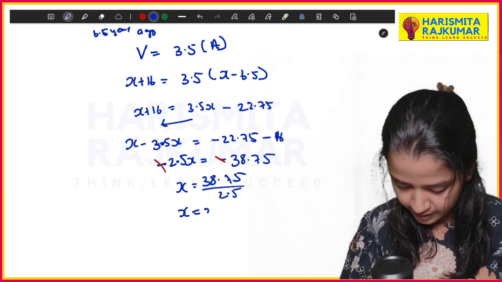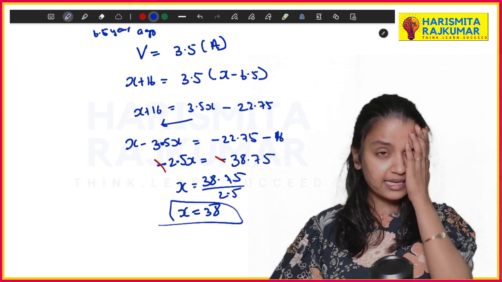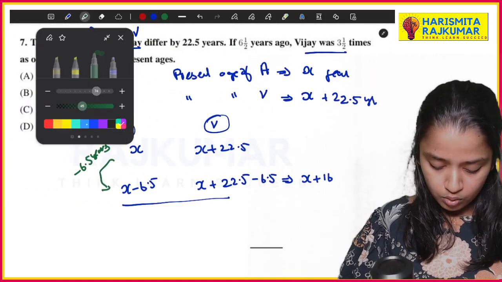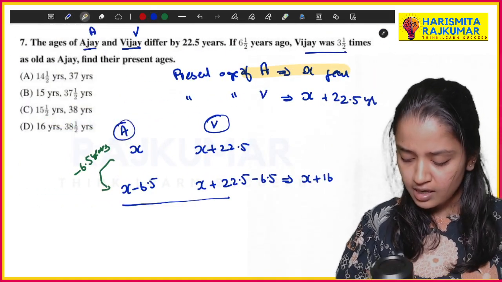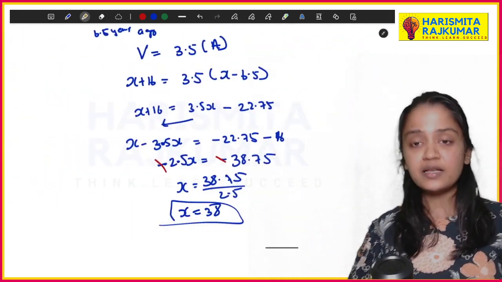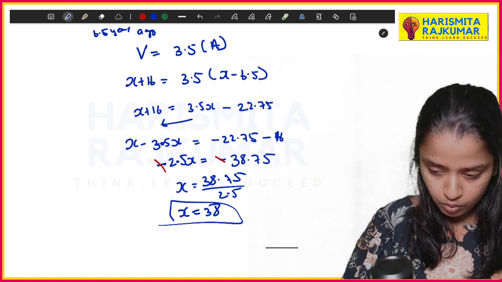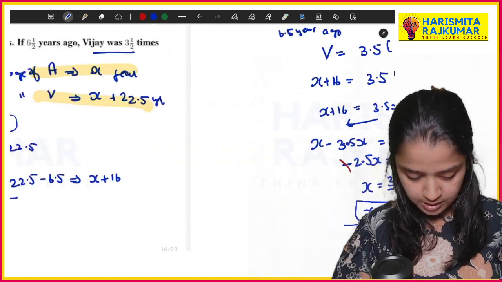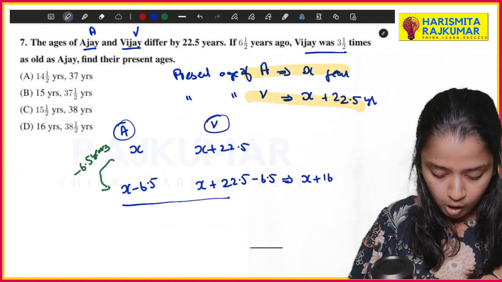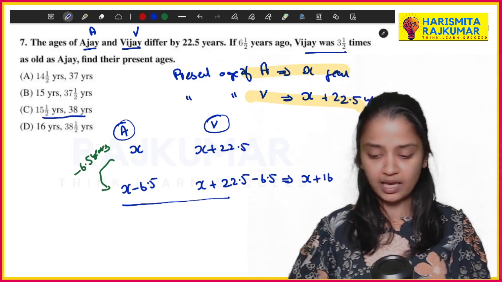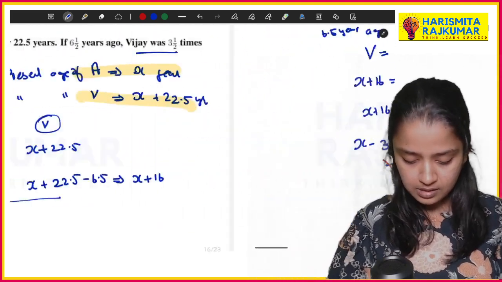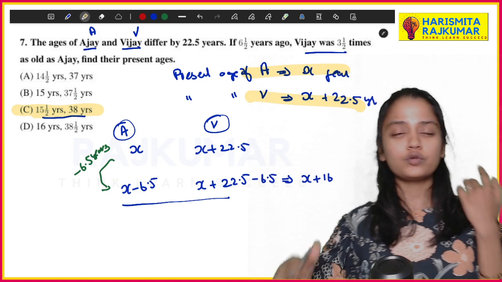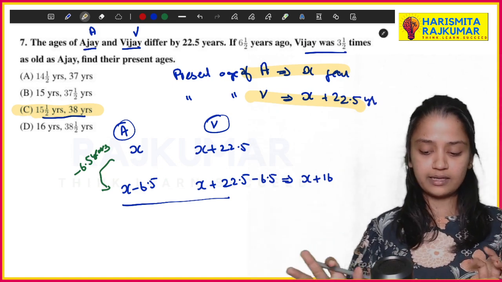X is Ajay's age, so Ajay's age is 15.5. Only one option matches, so we need not check Vijay's age; the option is C. We can just solve it as such.